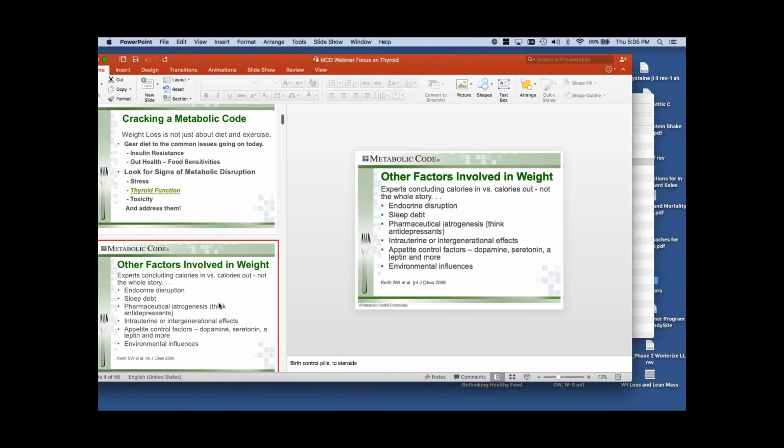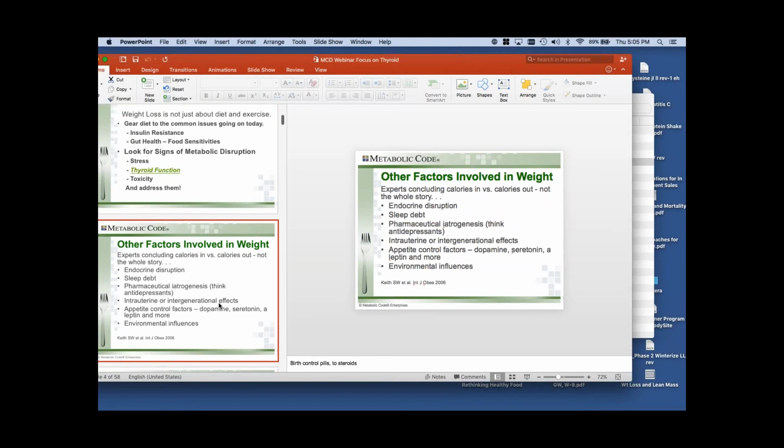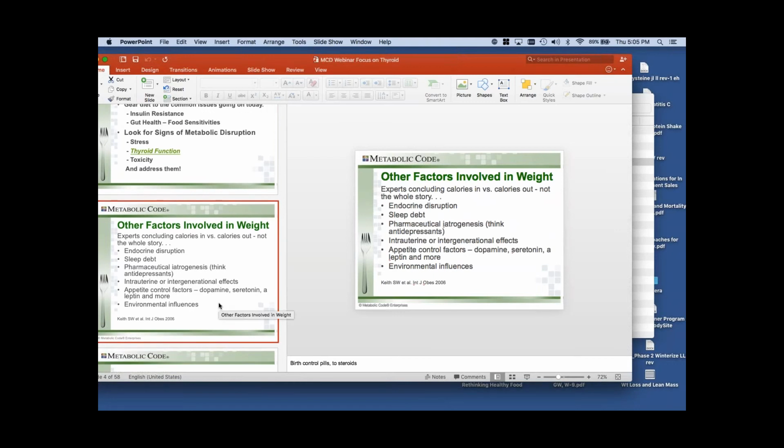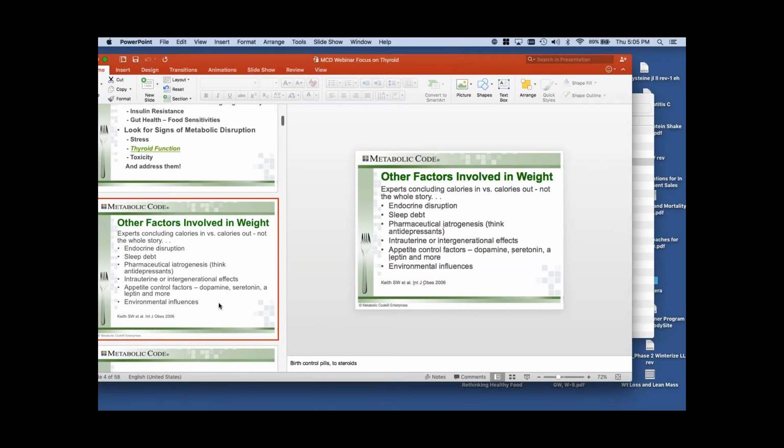It's nice because finally, a few years ago, a consortium on obesity and weight management decided that it was time for everyone to start looking outside of the box and not just focusing on a calories consumed versus calories expended with exercise approach, that we need to look further at things like endocrine disruption, and of course thyroid is key for that.